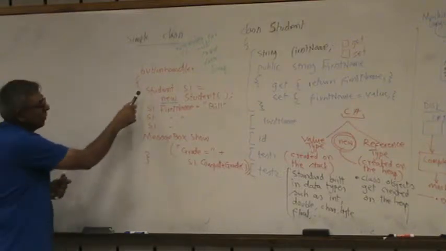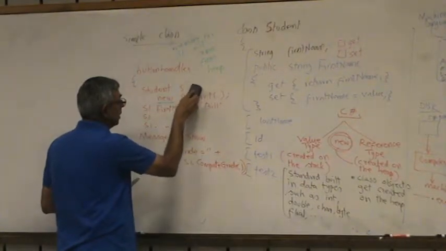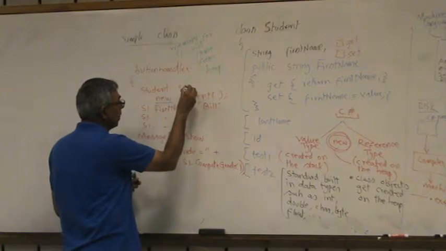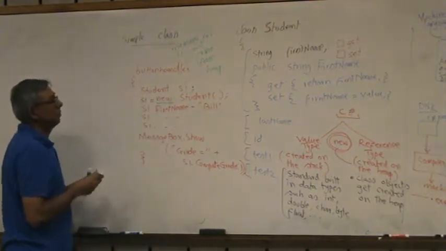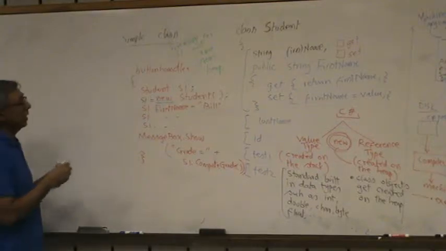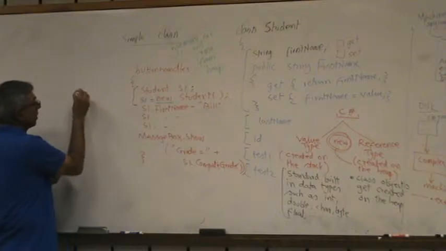Even though people write it as one statement, think of it this way: one is student S1, and then S1 equal to new student.